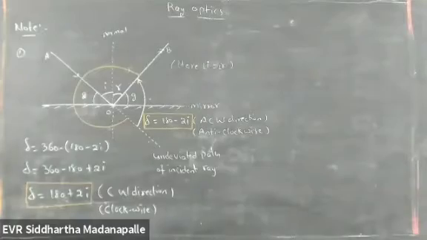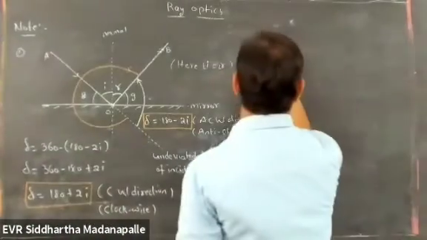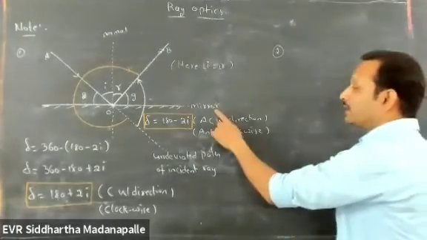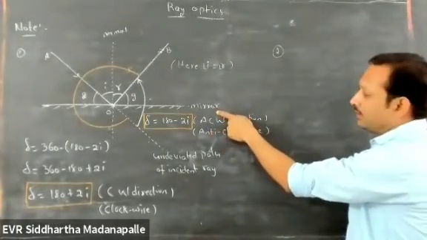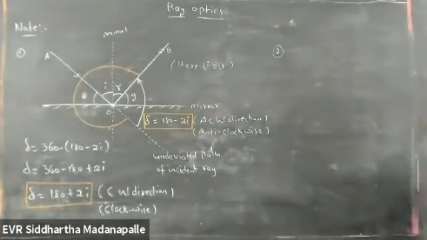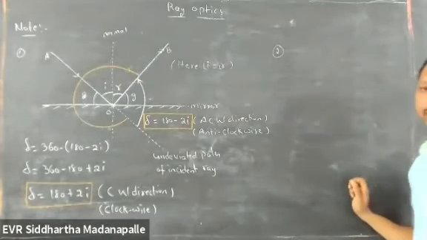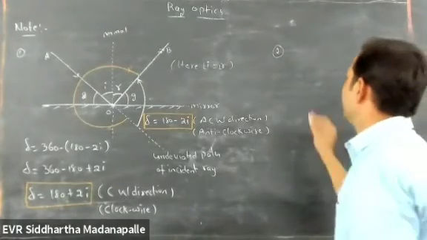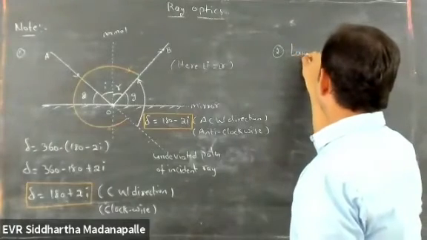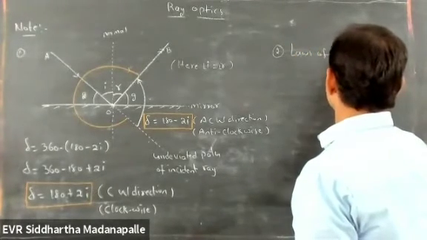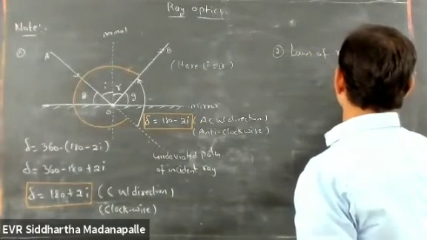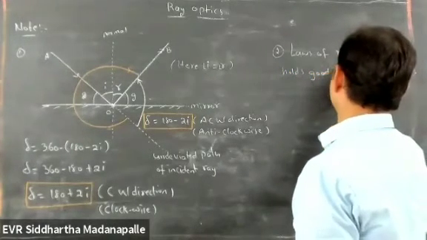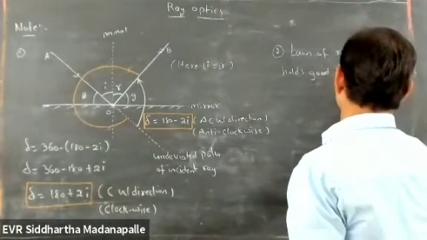Now, is the law of reflection valid for any surface? Since here we are taking a plane surface, if we consider a curved surface, curved mirrors, is the law of reflection valid? Yes. The law of reflection holds good for curved surfaces also.